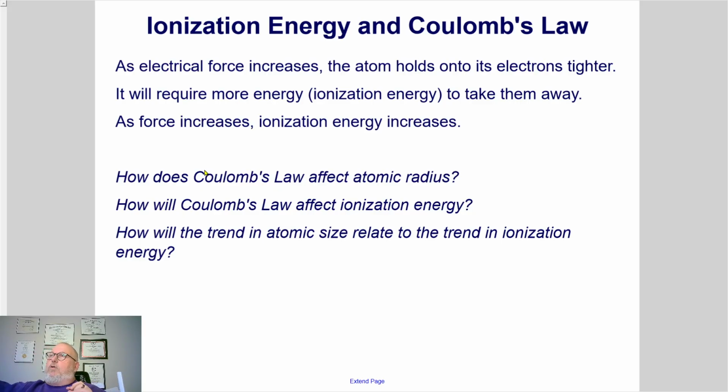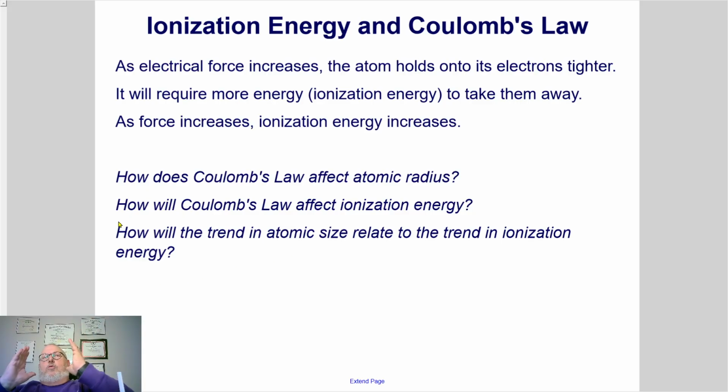So the energy required to turn that atom into a cation, or an ion, is going to increase. So ionization energy increases from left to right across the table, which is the inverse of atomic radius, which decreases from left to right.